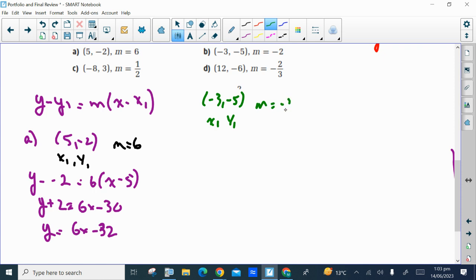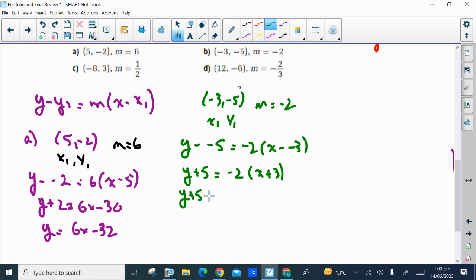Here, our slope is -2. So using point slope, it's y minus y1 equals m bracket x minus x1. Minus minus becomes a plus positive. So that would be the equation in point slope form. To write it in slope-intercept form, we multiply out the brackets and then get y by itself by subtracting the 5 from both sides.